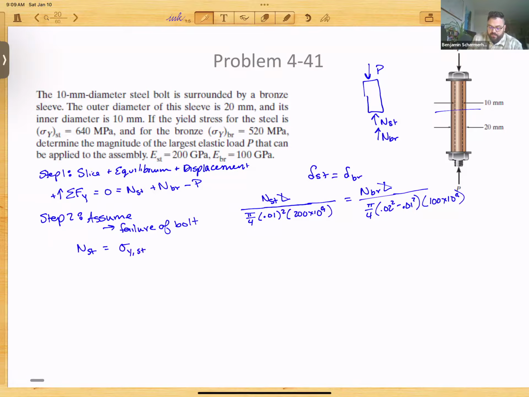So the yield for steel times the area for our steel is going to be 640 times 10 to the 6 multiplied by our area for steel, pi over 4 times 0.01 squared. This is going to give us a normal force of, okay, I must have just labeled that wrong in my notes, 75,398.2 newtons.